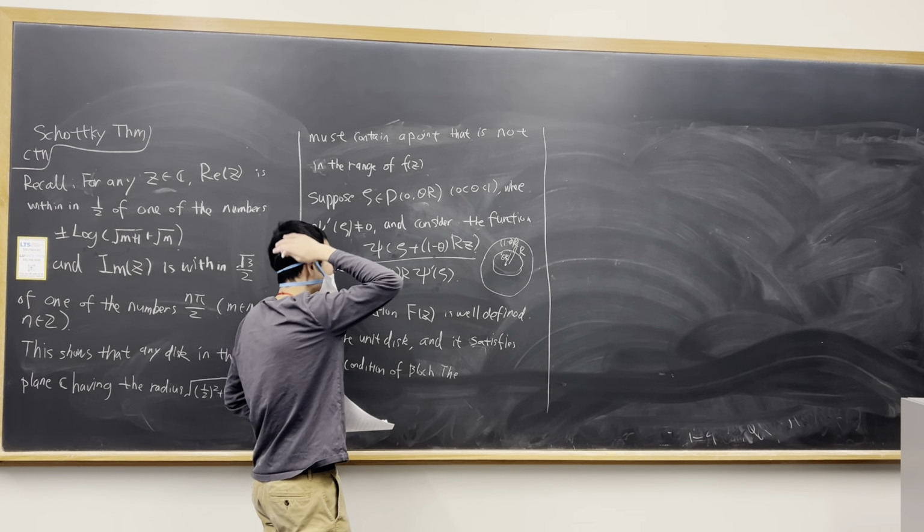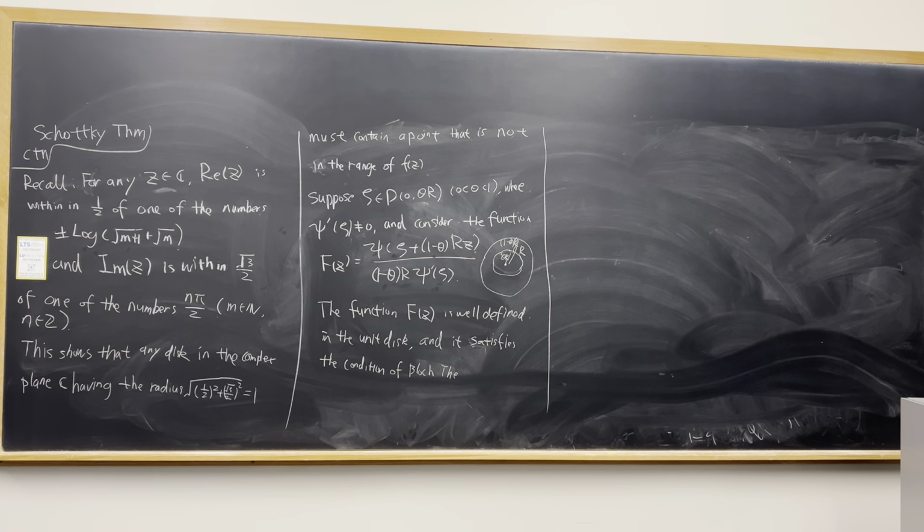Okay, so for the Bloch theorem basically, you have an R, you have a rho, right?